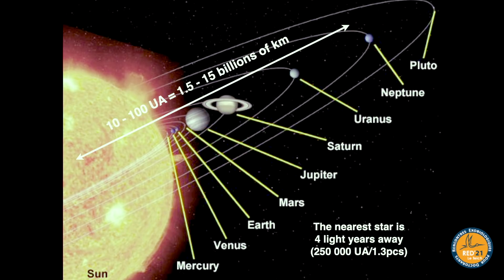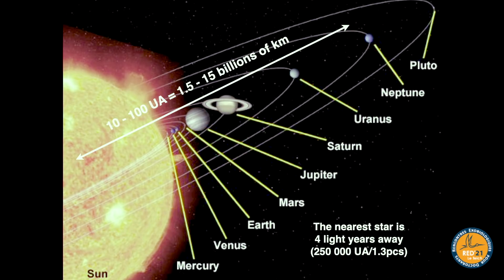And to have an idea, I think it's important to have in mind what are the length scales of the problem. So here, you have a view of the solar system, with all the 8 planets and the minor planet Pluto.